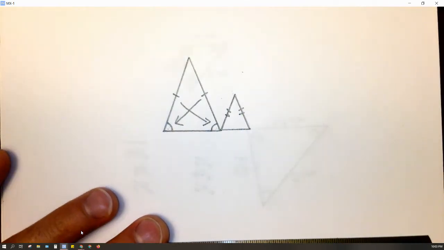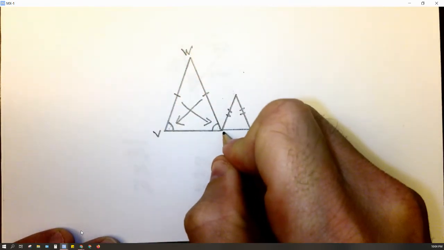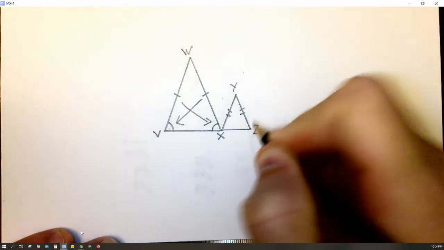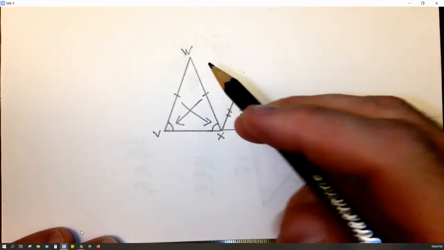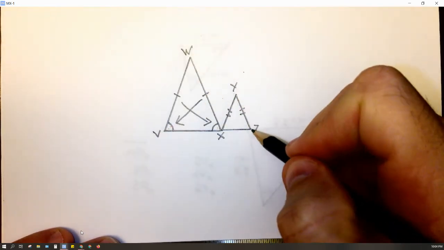And I'll even put the labels on that our original diagram did. It had V down here, W, and this was point X, and this is point Y, and this is point Z.